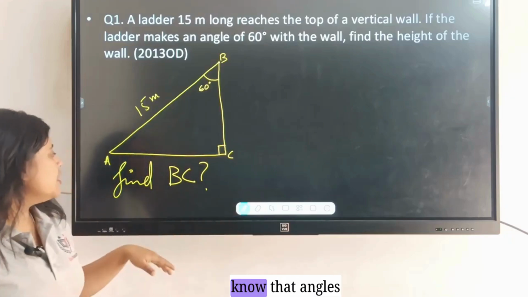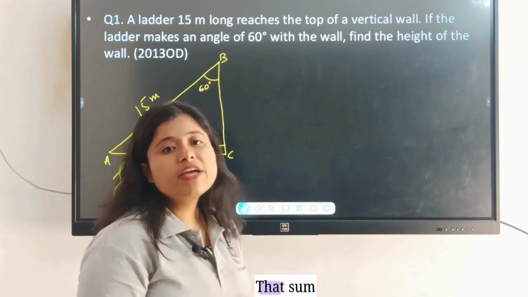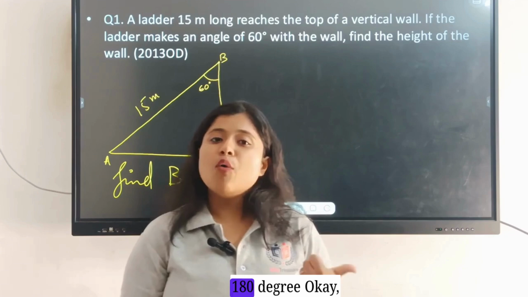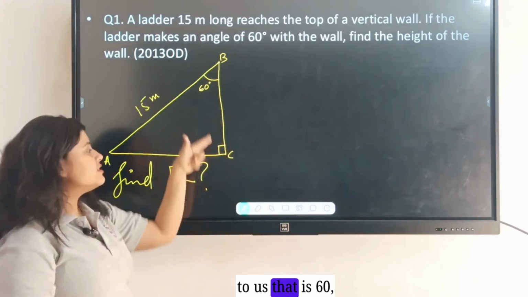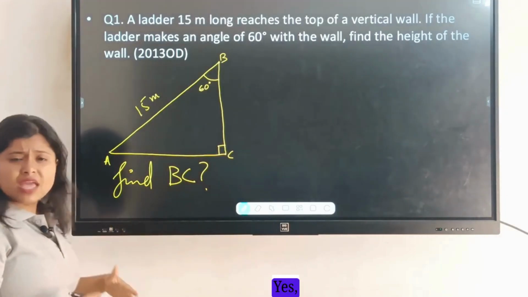First of all, we know that the angle sum property of a triangle is that the sum of three angles in a triangle is 180 degree. Out of which two angles are given to us, that is 60 and 90. Can we take out angle A? Yes, definitely.